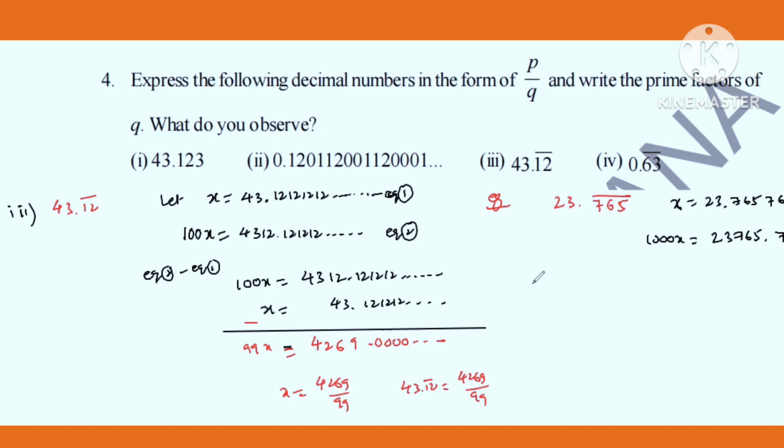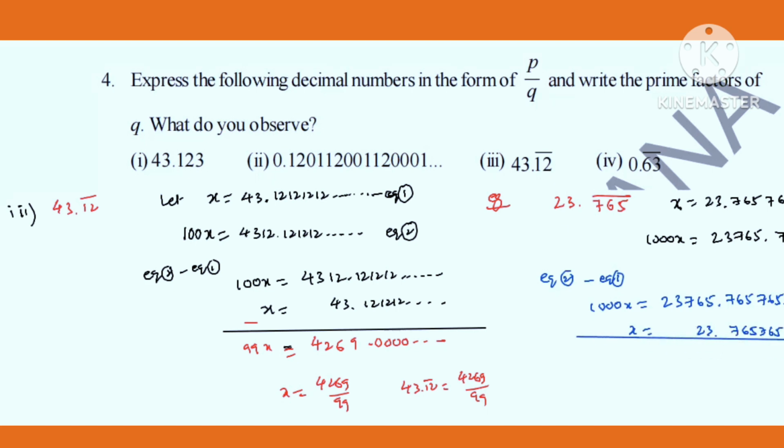If you continue this, we have to subtract equation number 1 from equation number 2. So again we take 1000x equal to 23765.765 and so on, and x equal to 23.765765, and we subtract them.